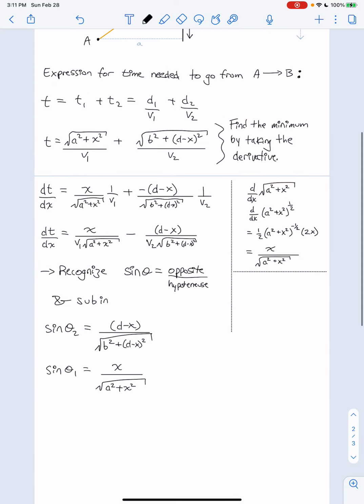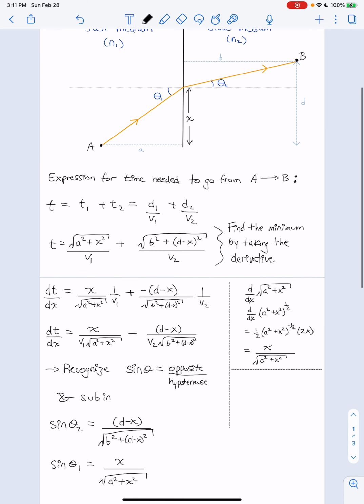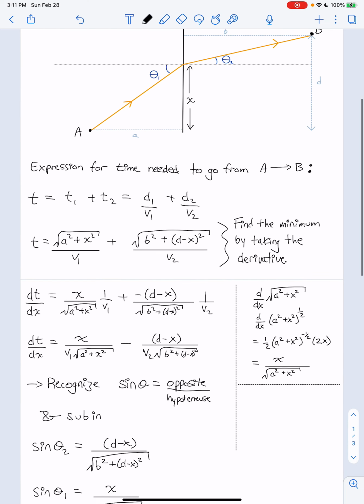So just to go back to this, to make sure we're drawing that conclusion clearly, we have sine theta 2 is equal to d minus x, so the whole d minus the x part, divided by the hypotenuse, which we already worked out is the square root of b squared plus d minus x squared. And we do the same thing for the other side.